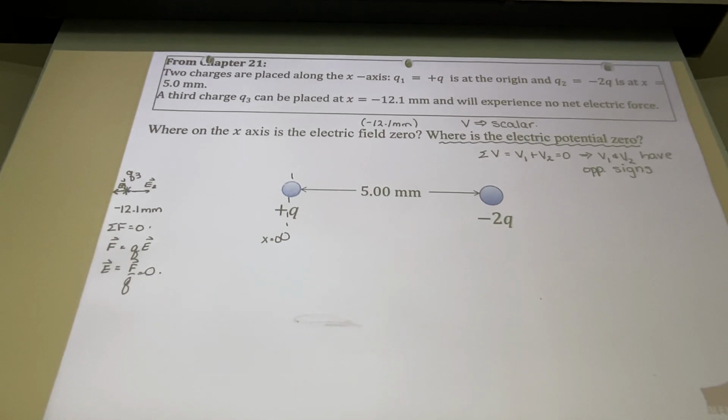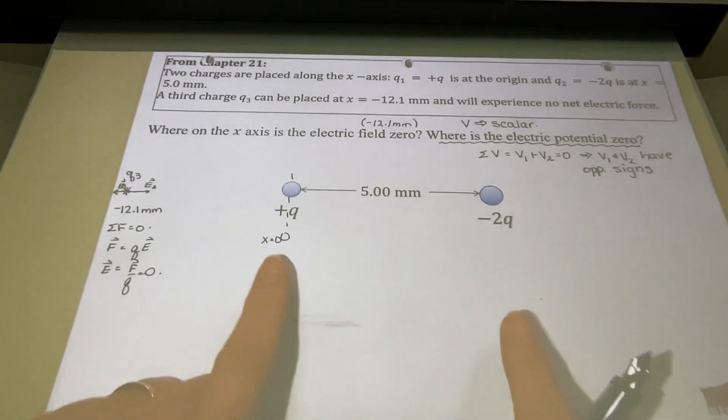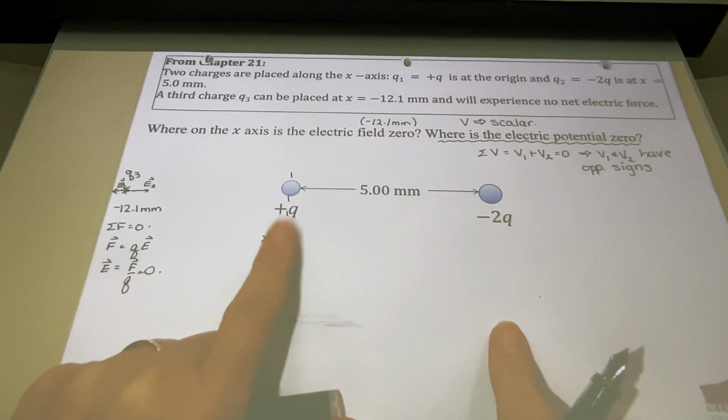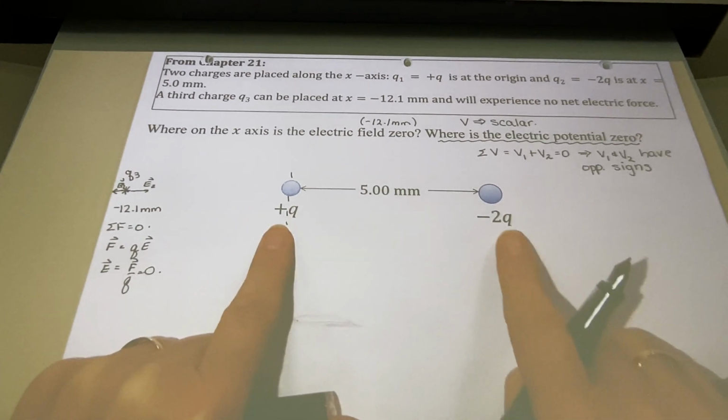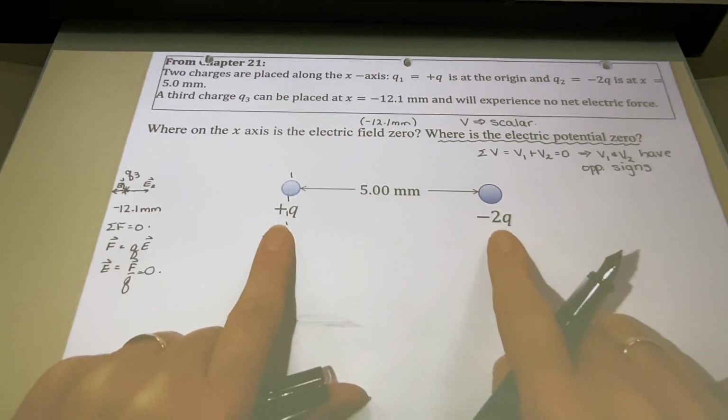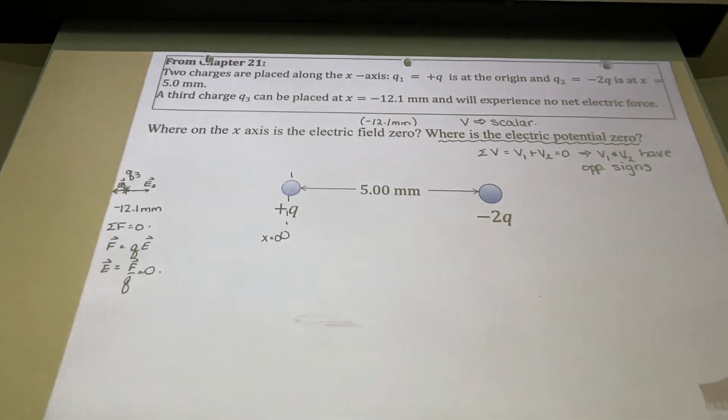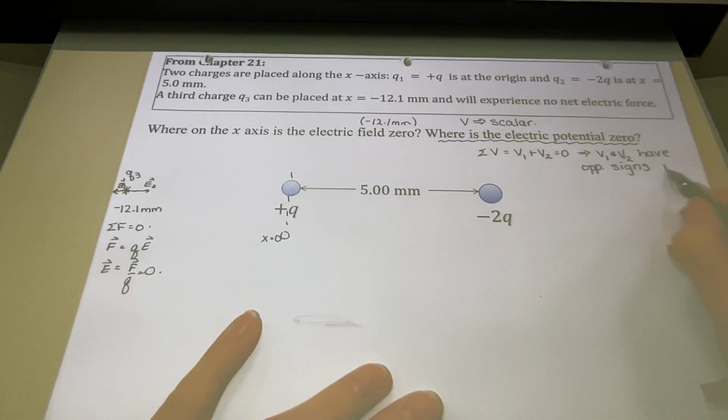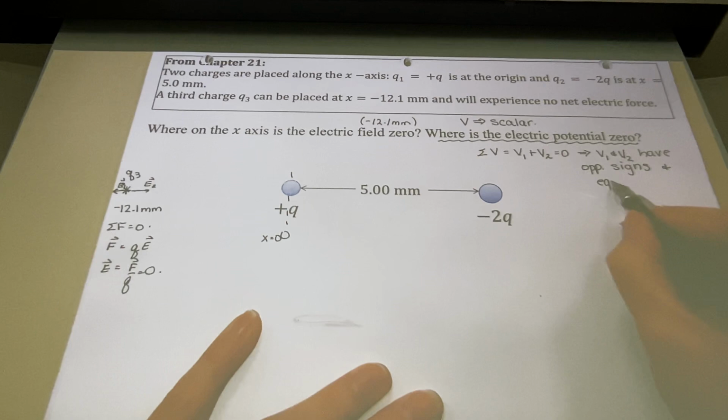And that bit is going to happen. This potential will be positive because we have kq over r where q is positive. This potential will be negative because it's kq over r where q is negative. So they have opposite signs and equal magnitudes.